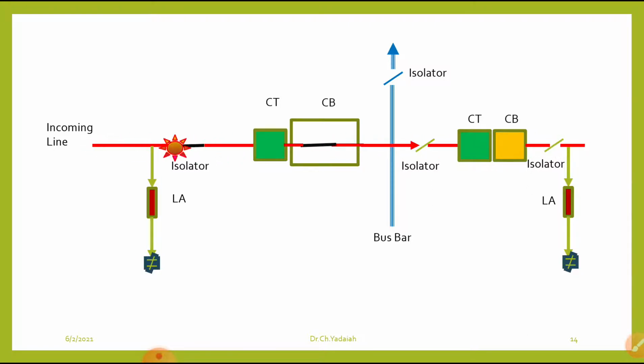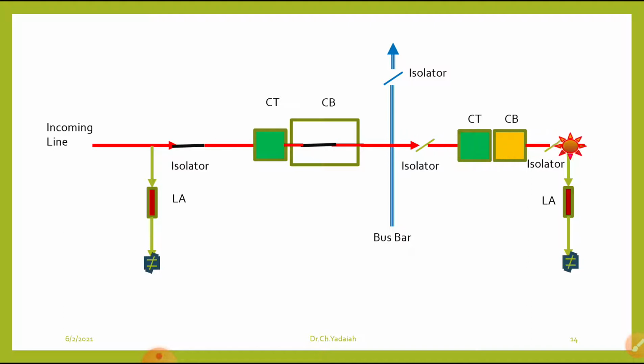Then the current passes through the isolator and bus bars and comes to the next circuit breakers. Up to the circuit breaker, if you close it, the current will flow. If the circuit breaker is open or the isolator is open, the current will not flow. Please remember this, dear students.